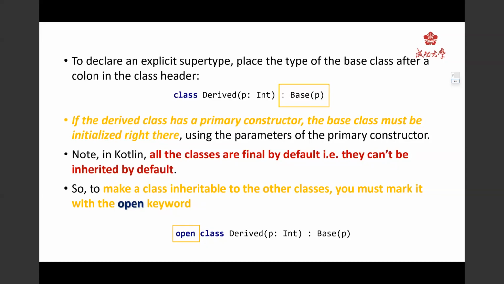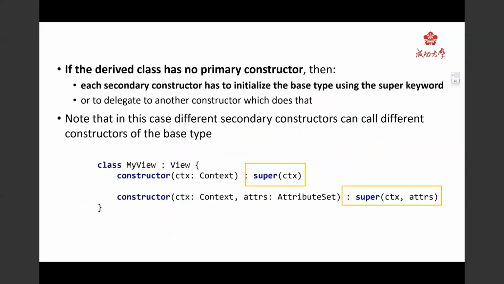In case you want your class to be inheritable by other classes, then you must mark it with the open keyword, such as shown at the bottom of the slide. Otherwise, no class can inherit from your class. So this means everything must be explicitly stated in Kotlin.